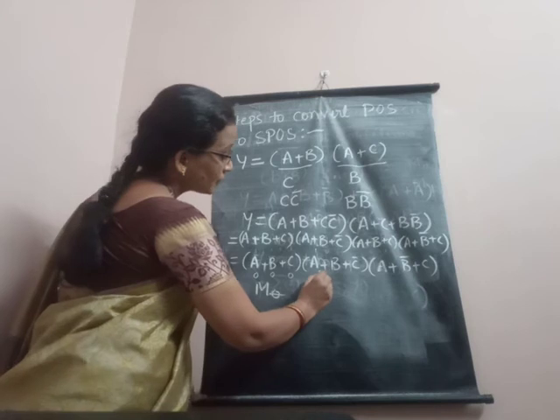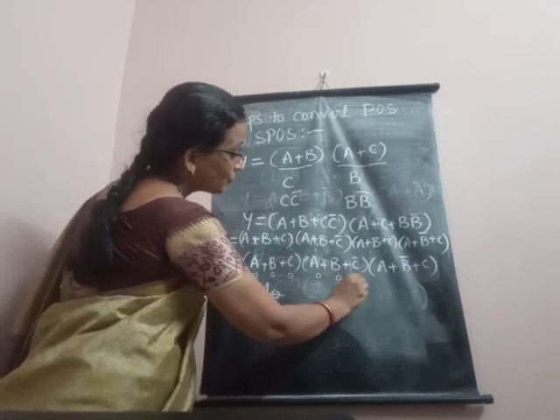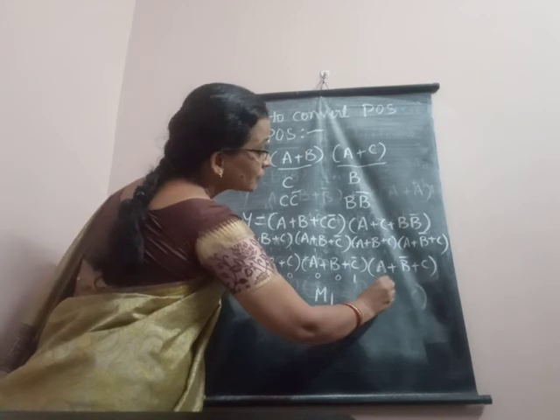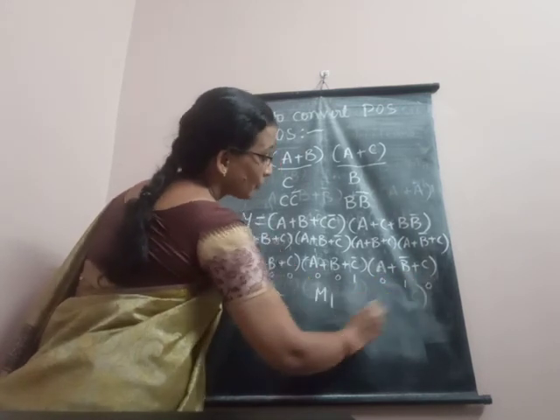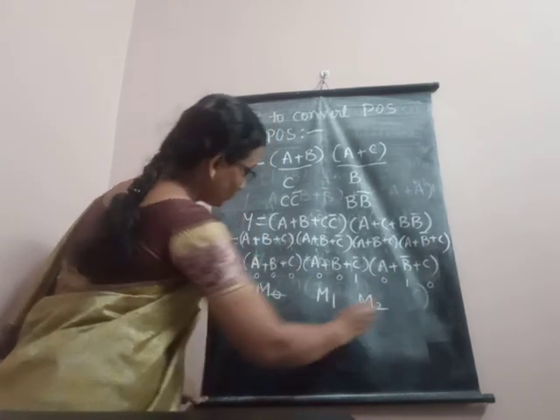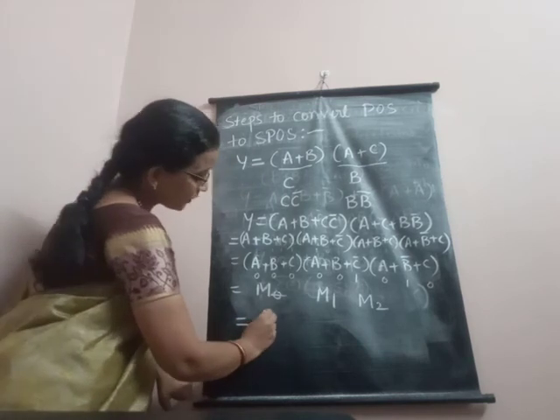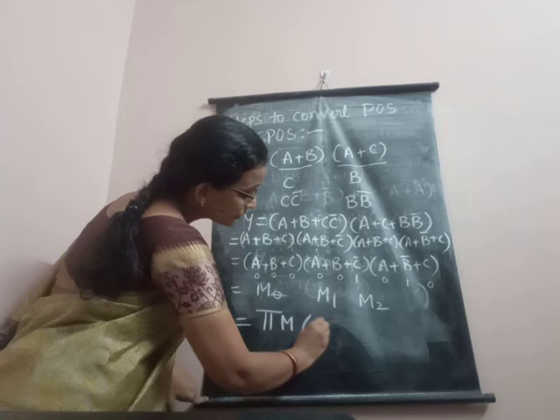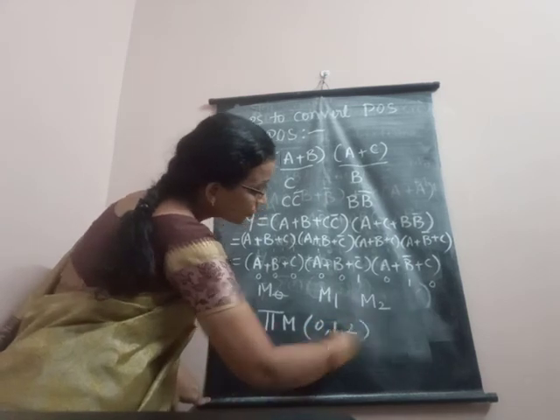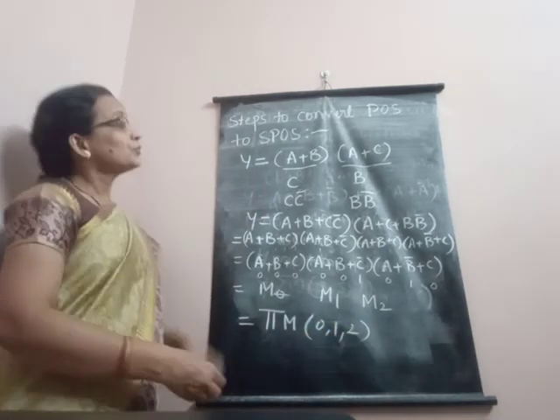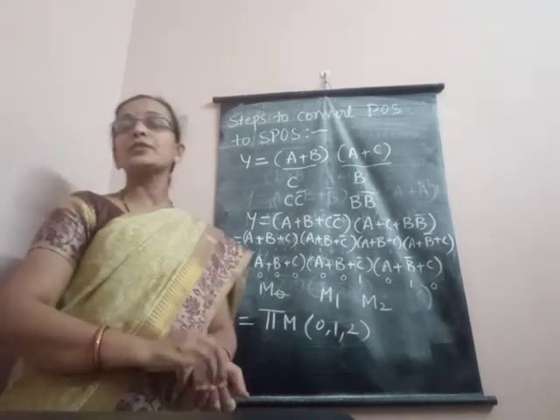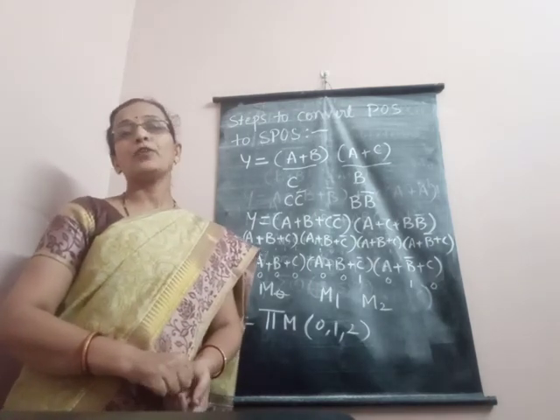This is 0, 0, 1. That means M1. This is 0, 1, 0. That means M2. So these are represented by using pi of M of 0, 1, 2. Okay, so these are the steps to convert product of sum form to standard product of sum form.